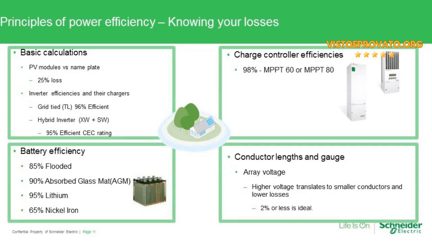We need to take into account battery cable lengths as well as just AC conductor lengths. It can surprise you when you start making a bunch of bends and going around corners and things like that. That distance can become quite a bit further than a less experienced person might expect at first glance. So upsizing and going with larger gauge wires to reduce that loss through conductor lengths is important.